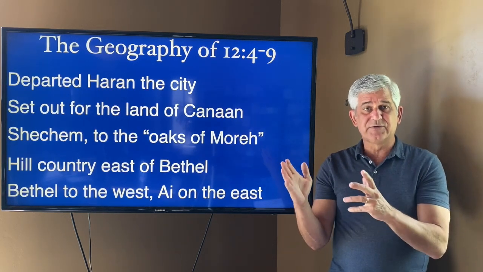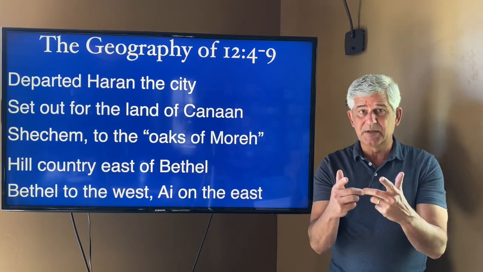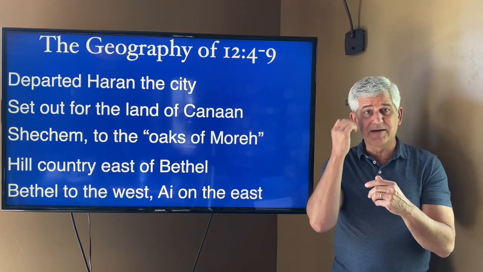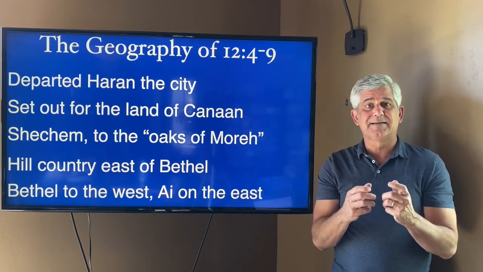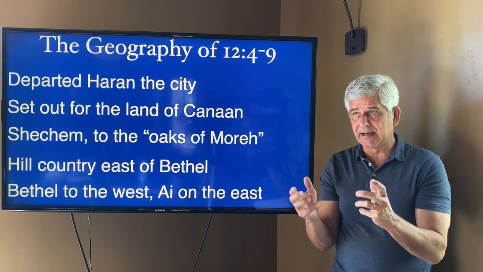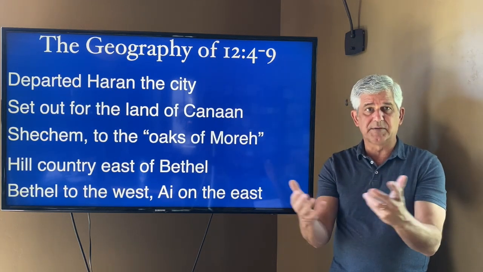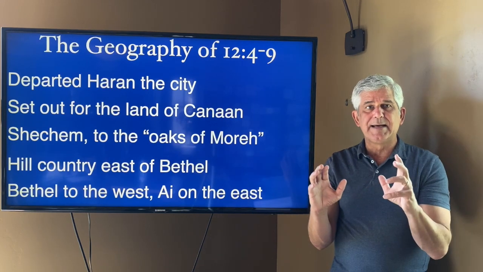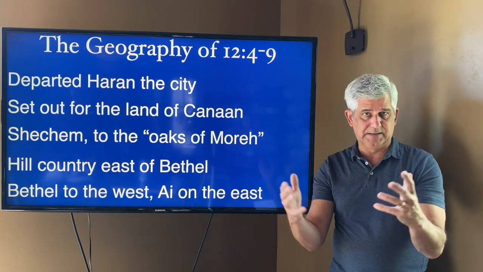They go to the Oaks of Moreh, and I don't know anything about that area, but I will tell you that when Sarah dies, there's a lot of emphasis on the fact that Abraham wants to buy a tomb, a plot in an area called the Oaks of Mamre.